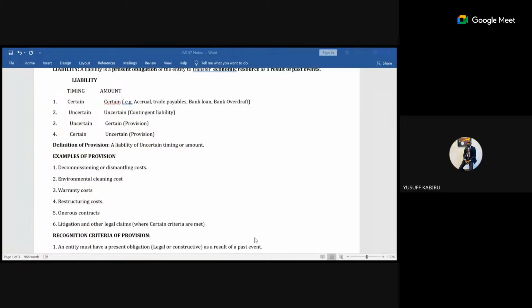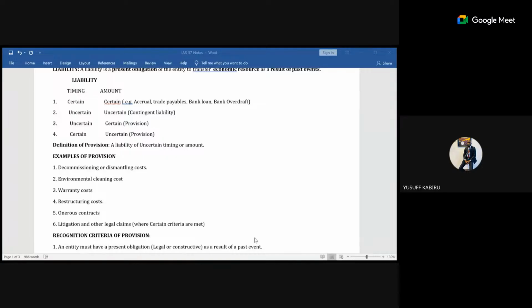Then number four is restructuring costs. Restructuring cost is a cost that will be incurred in the future as a result of restructuring an organization. Examples are merger and acquisition, all these business combinations.